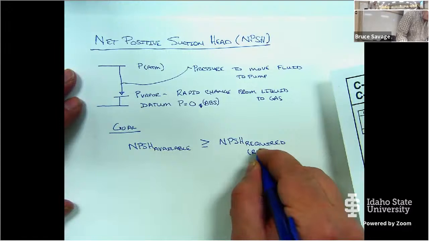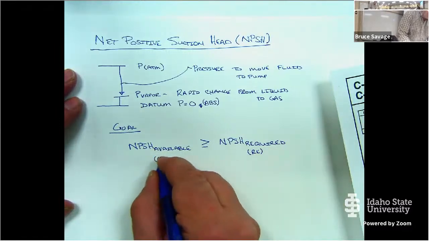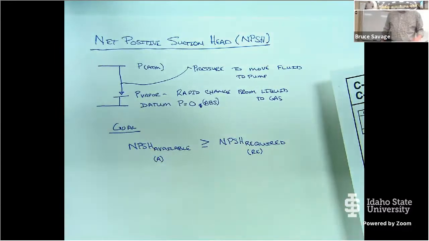Over here, we usually just use A. NPSH sub A, we want that to be greater than or equal to what is required. Now, you have to be careful. If you put it equal, that means you're trying to go right to the limits of your pump. All right?